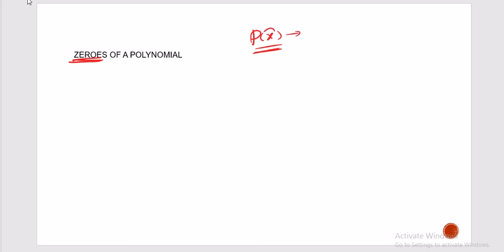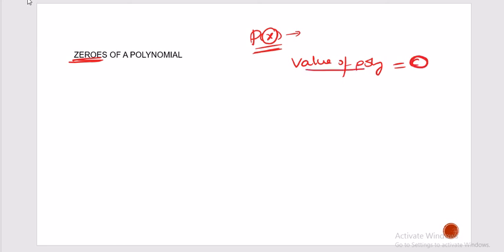When you substitute a value in the place of x, we get the value of the polynomial.